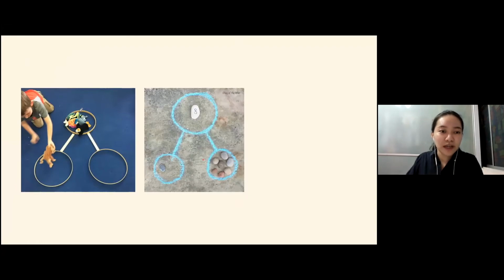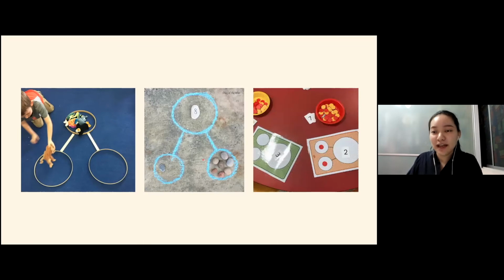You can have everything here, and then let's put 2 here, and then the rest here. So how many and how many makes all together how many? I can have 1 rock here and 7 rocks here. All together, I have 8. Then you can have these dots in your class. Ask the kid to pick a number. I pick 2.